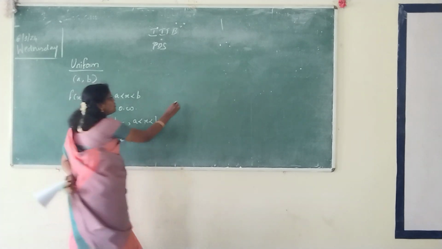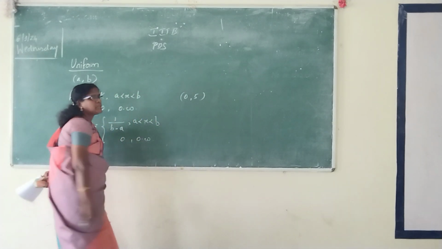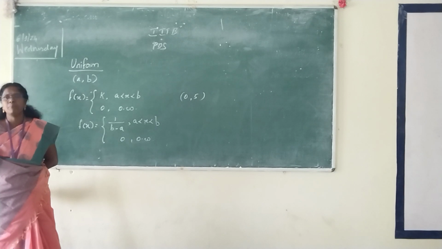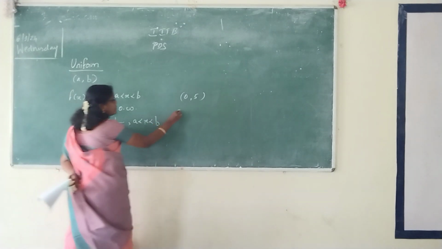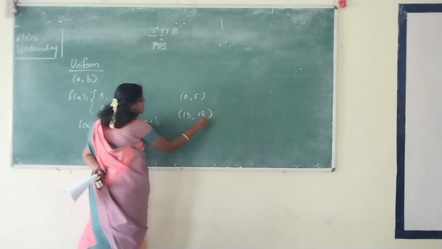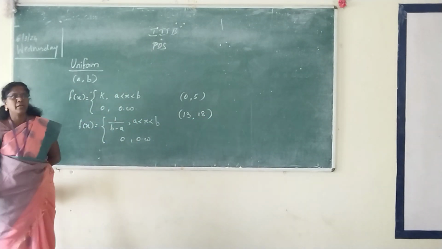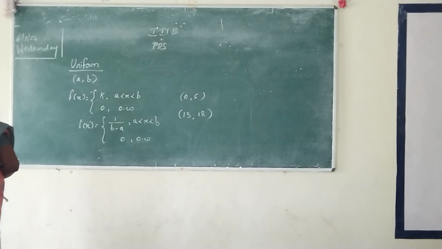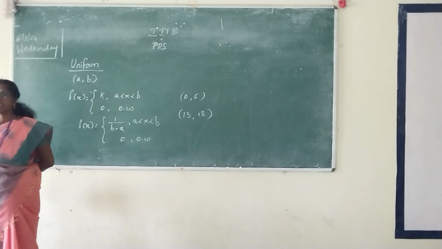So if the interval is (0, 5), what is f(x)? It is 1/(5 minus 0), and 5 minus 0 is 5, so f(x) is 1/5. Here f(x) is a constant one, so doing the integration is also very easy, because you only integrate the integrand dx.